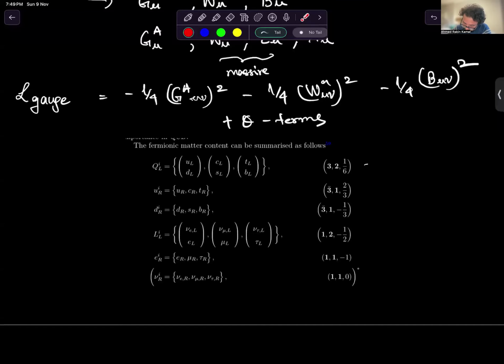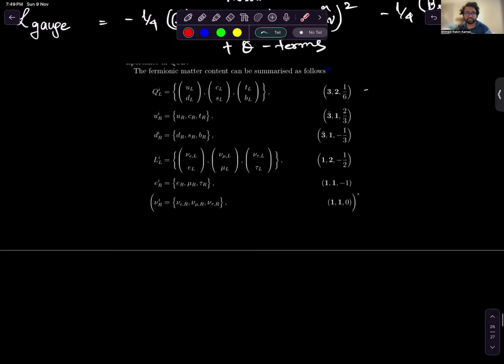Similarly, we have the leptonic parts, which are the left-handed ones. These are electron, muon, and tauon, and their corresponding neutrinos. And of course, we have the right-handed counterparts. We also had the right-handed here, of course. And there's a star here. There could be some right-handed counterparts, which I'll say a few things about at the end.